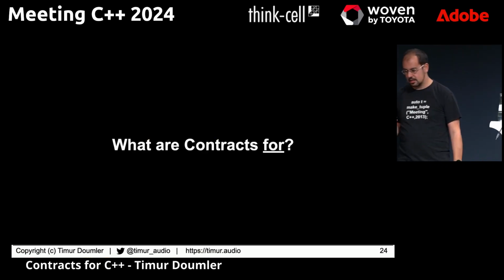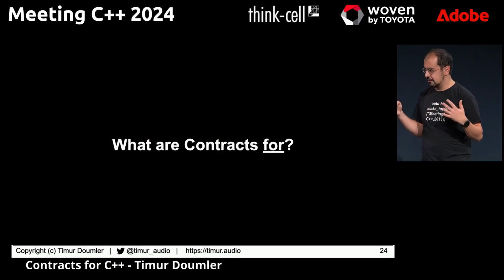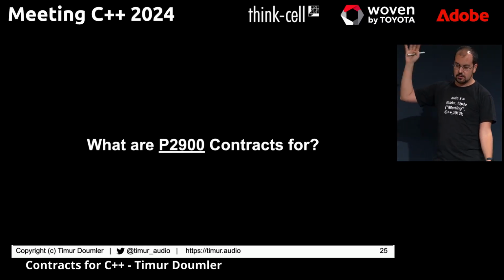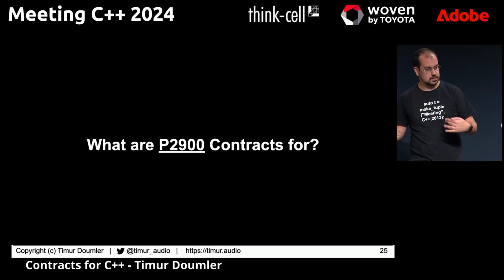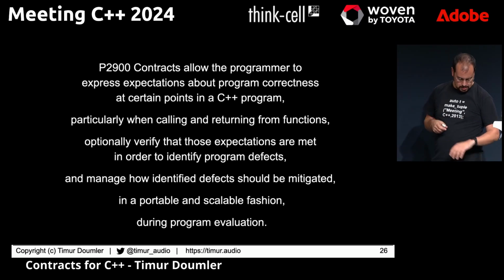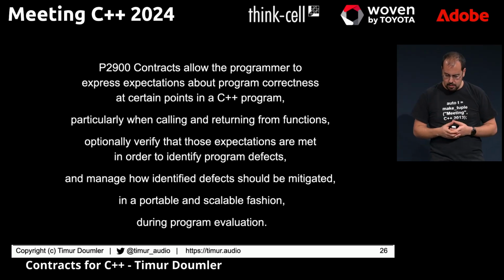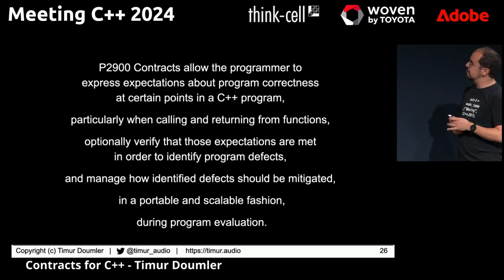So the question is not really what contracts are for, because they're for all of these things, but what are P2900 contracts for? What is the MVP that we are proposing for C++26? And this is the best explanation that I came up with. It's a bit long.